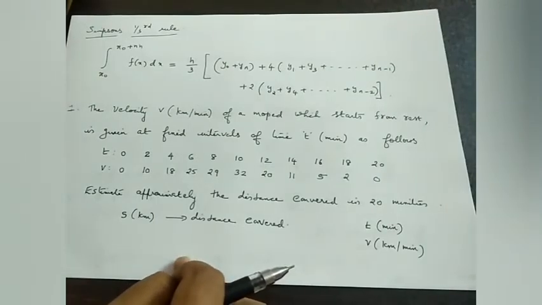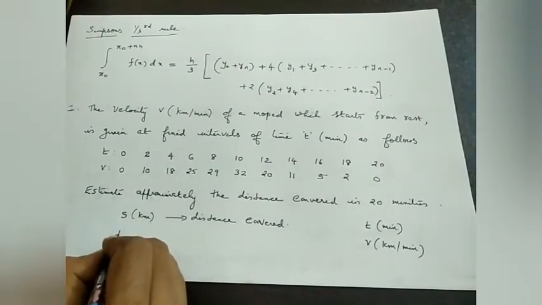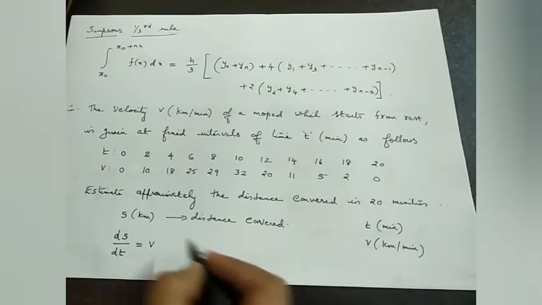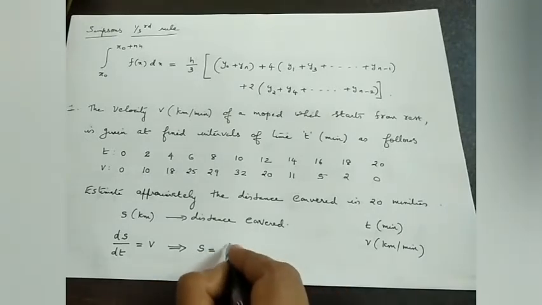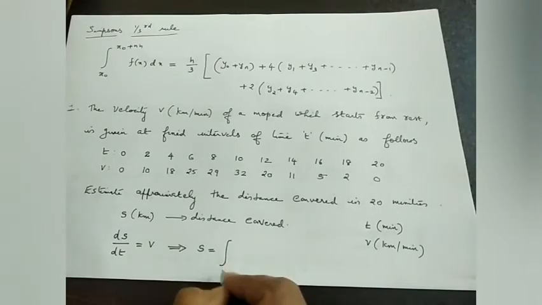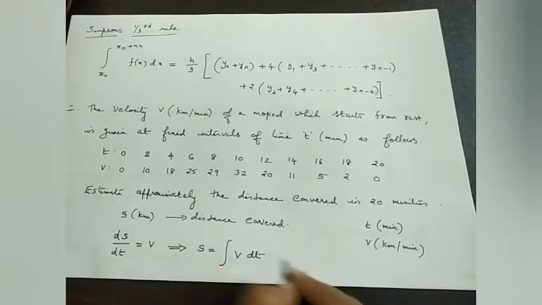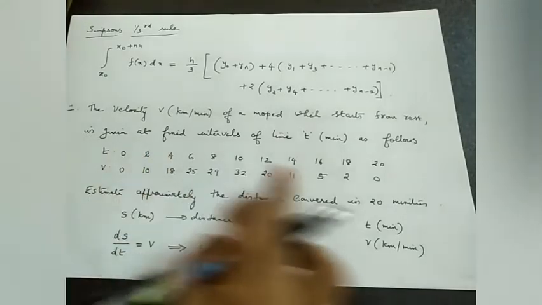Now we know that distance by time is velocity, that is, the rate of change of the distance divided by the rate of change of time is equal to velocity. From this, S, the distance covered, can be calculated using the integral of v dt, where t extends from 0 to 20.